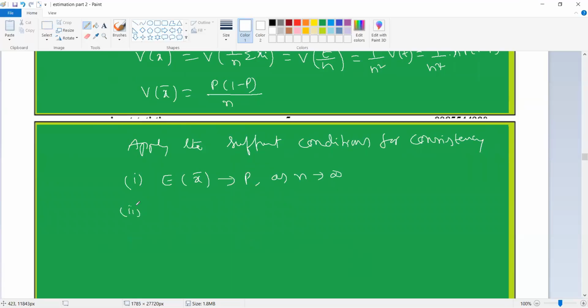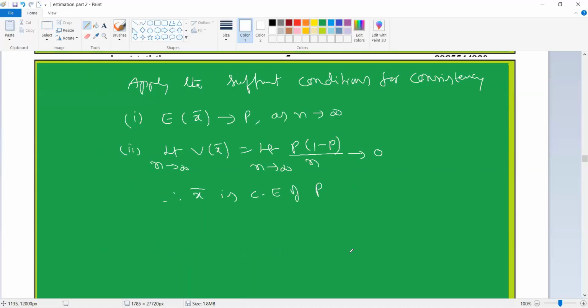Second one, limit n tends to infinity, variance of x bar is equal to limit n tends to infinity p into 1 minus p by n, which tends to 0. Therefore, x bar is a consistent estimator of p.